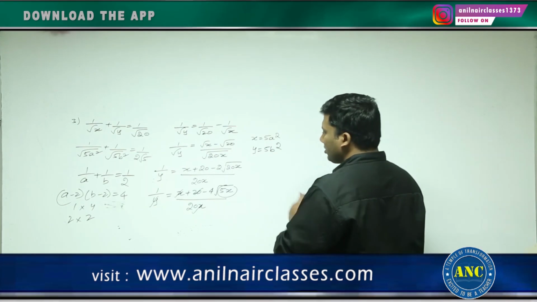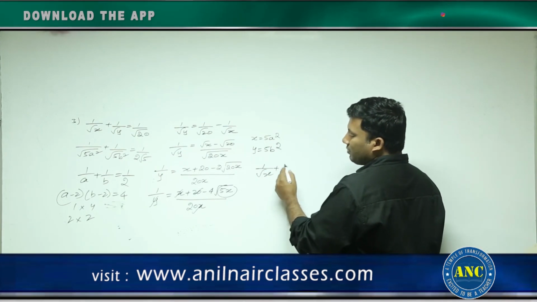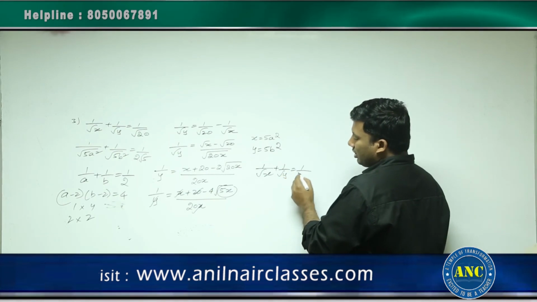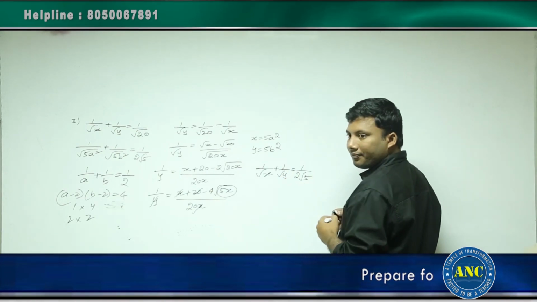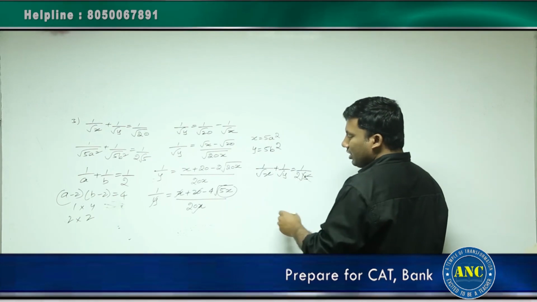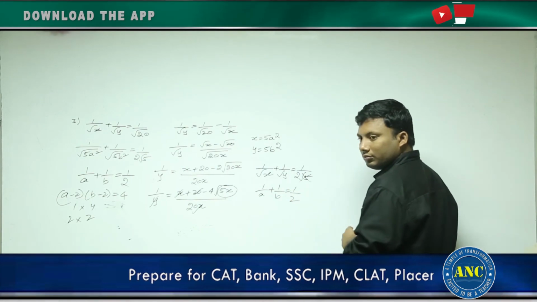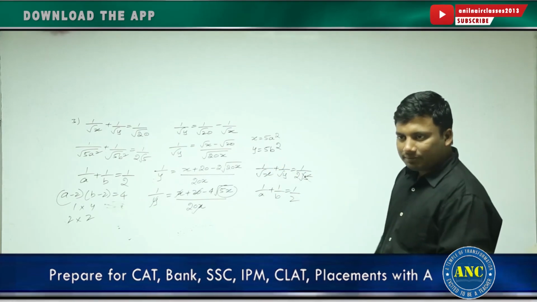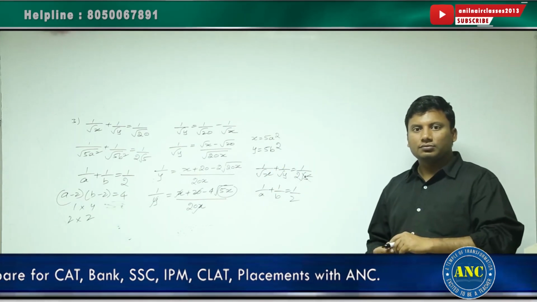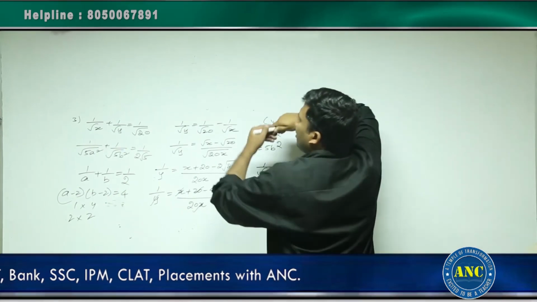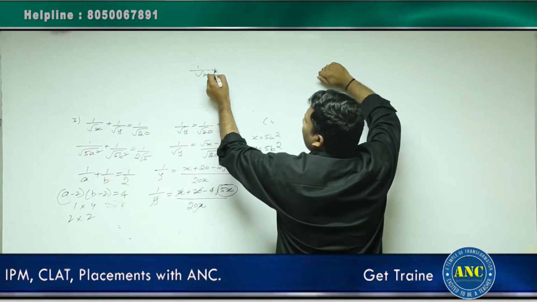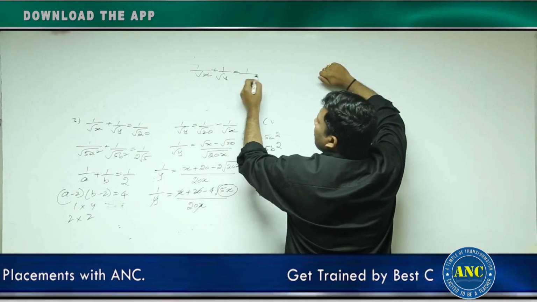By looking at the question itself, you can say 1 by root x plus 1 by root y is nothing but 1 by 2 root 5. Because root 5 is irrational, delete it. Write down 1 by a plus 1 by b is 1 by 2. That's what we wrote. If you make it into another form, and similarly root x plus root y is root 63.